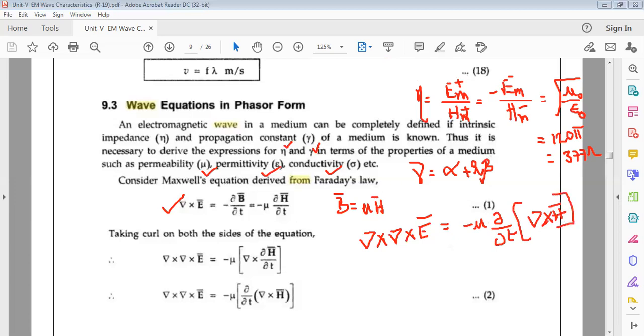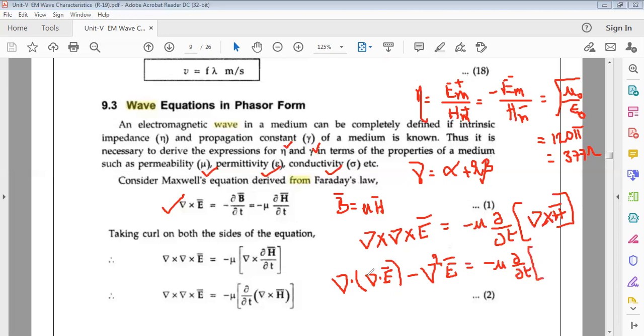Okay, my dear students, on the left hand side, upon the property of the curl function, del cross del cross E bar is nothing but del of del dot E bar minus del square E bar, which is equal to minus mu into dou by dou t of del cross H bar.